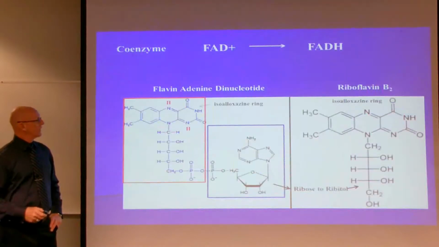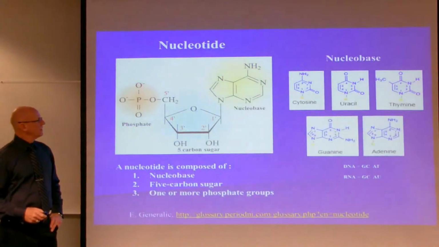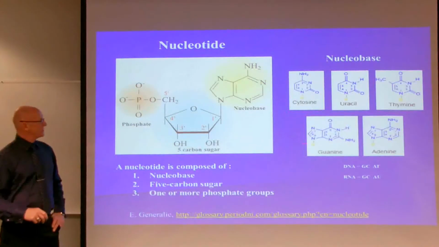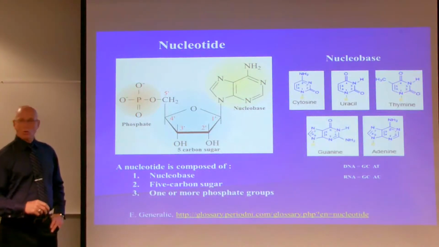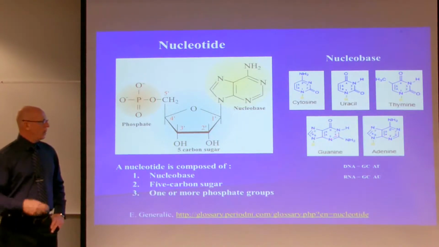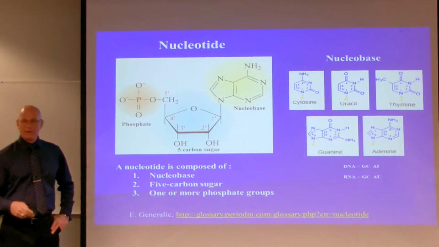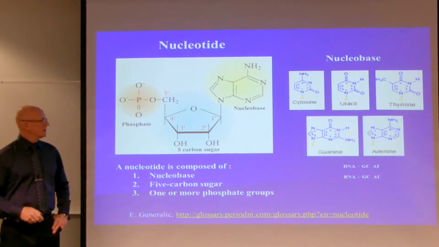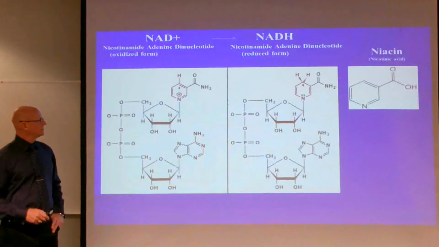And if we go back 1 second here, these are the nucleotide bases, the nucleobases. And these are purines with a 1-ring structure, and these are pyrimidines with 2 rings. And a derivative also of this pyrimidine is a pyridine, and that's where nicotinamide comes in. So let's go back to that.